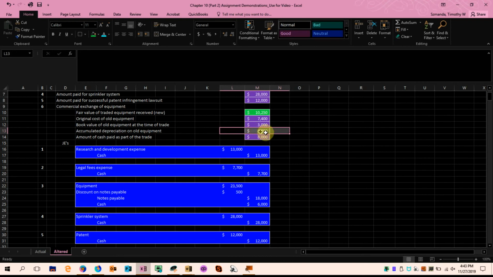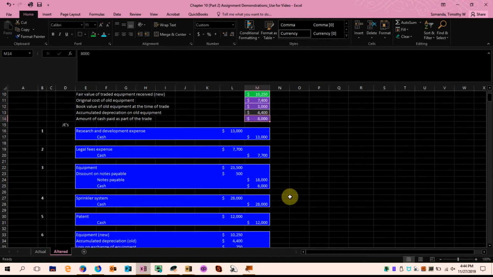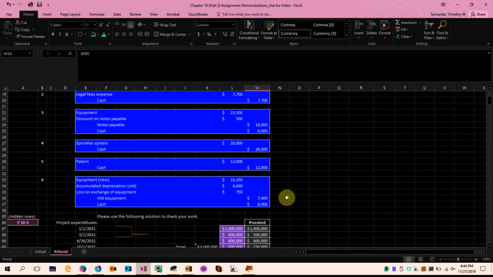So the accumulated depreciation at this point will be the difference between the cost and the book value. So we need to know what the $4,400 is. Just take $7,400 minus the $3,000. Once we have that plus the amount of cash paid, then we can journalize the equipment, bringing it in new at $10,250.